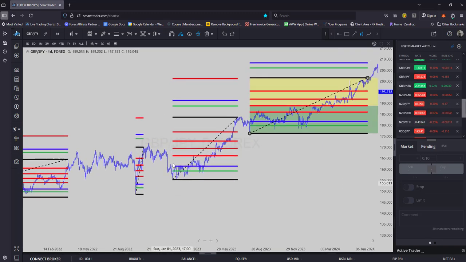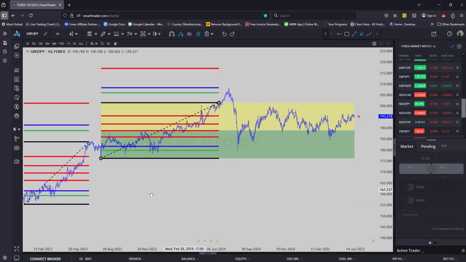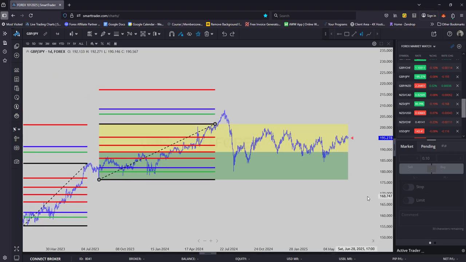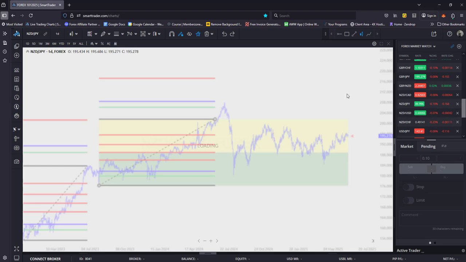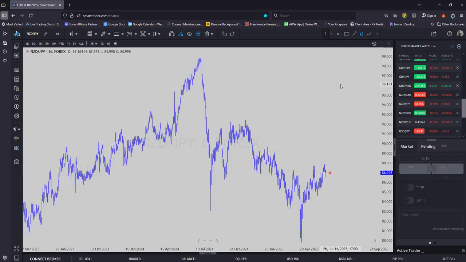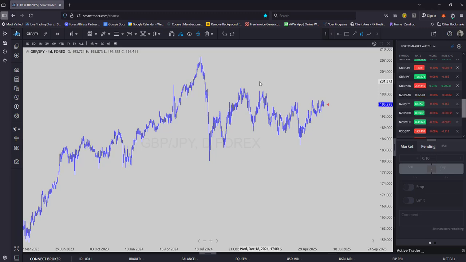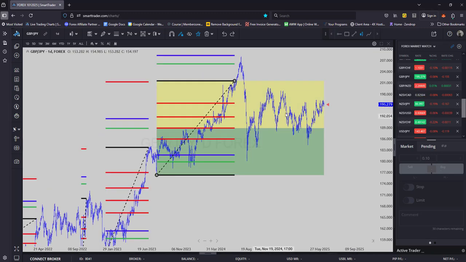Again, U-turn in red, enough momentum to go up here, very aggressive. Now we're at the most recent point. If we're at the most recent point in this analysis and we're expecting this market to continue bullish, pound JPY is what I was on, right?